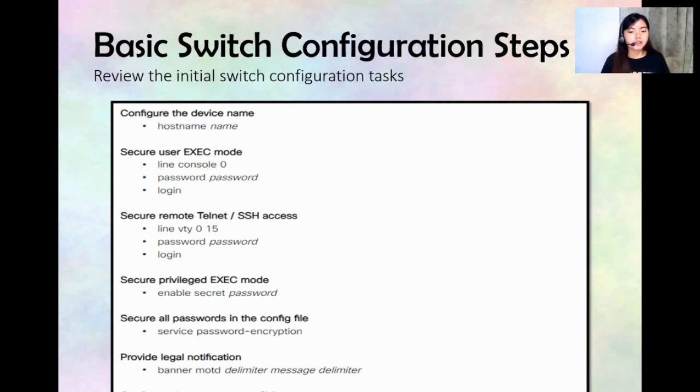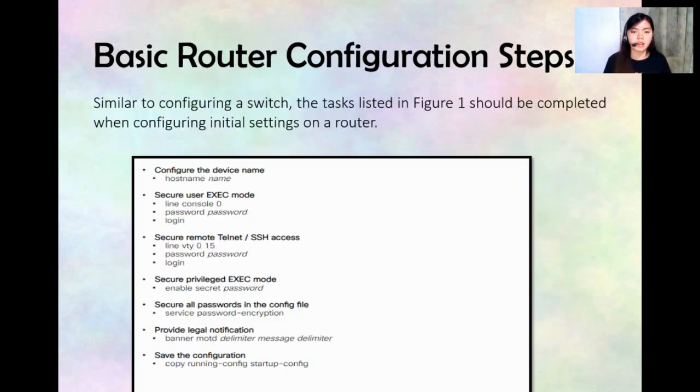To secure remote Telnet or SSH access, you need to put line vty 0 15, then the password, then login. To secure privileged exec mode, you can type enable secret password, and to secure all passwords in the config file, service password-encryption. To provide legal notification, put banner motd delimiter message delimiter, then configure the management SVI.